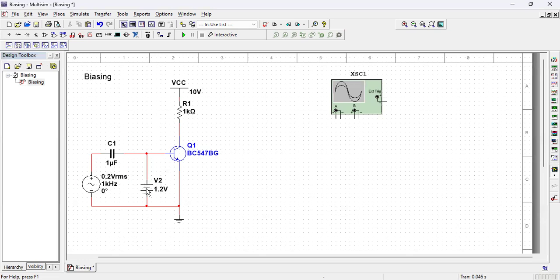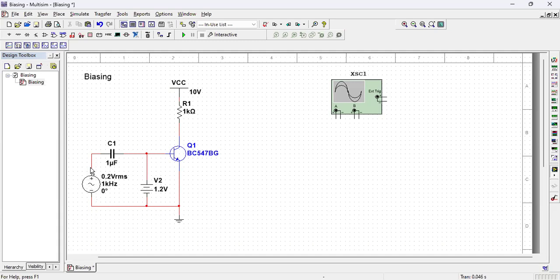This DC current will not be able to flow into the AC source. That would have been dangerous. The DC current will flow only through this, because of the capacitor. This is number one addition.